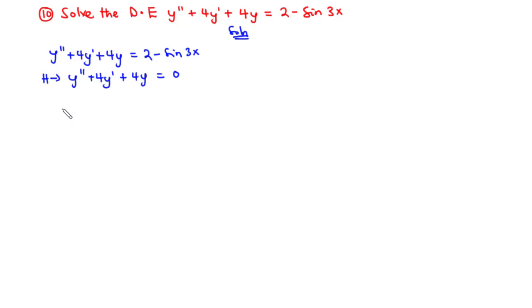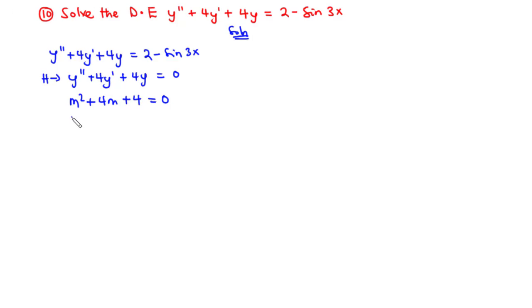Next, we derive the auxiliary equation. So that's m² + 4m + 4 = 0. We have coefficient of m² to be 1, coefficient of constant to be 4. Therefore, we want to find two values that when you add, you get 4, and when you multiply, also you get 4. So that's basically 2 and 2.